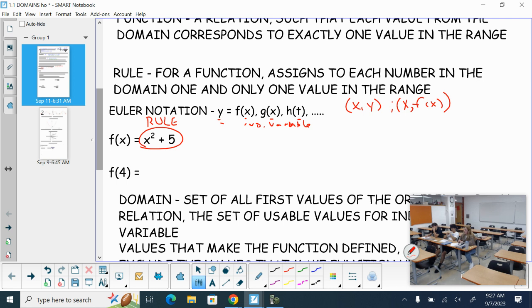So if I find my function value of 4, here's my x value. I'm going to run it through the rule of x squared plus 5 and come down to what, Jacob? 21. Where we have 4 squared plus 5, or a value of 21. So if I wrote an ordered pair, my ordered pair would be 4 and 21.